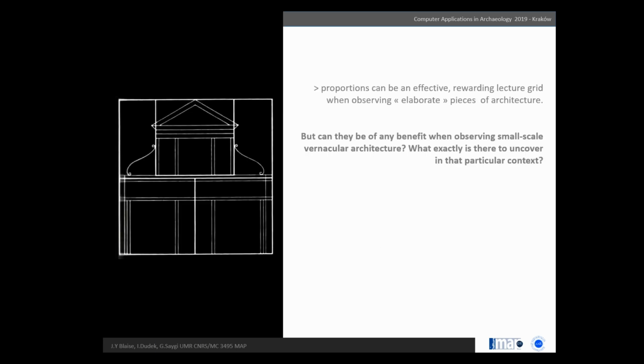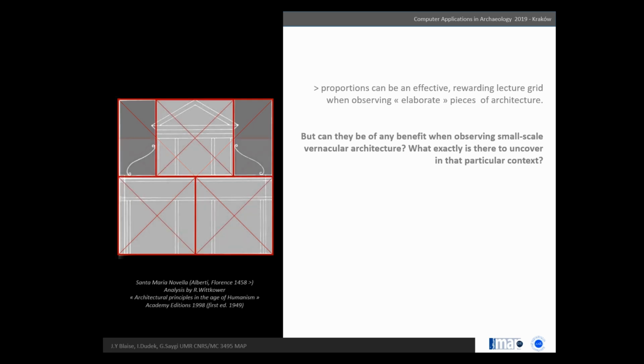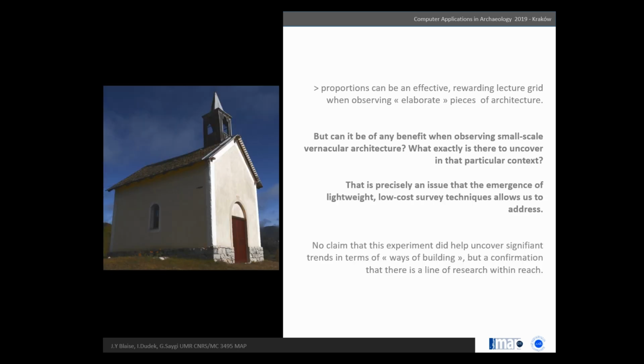Now, let's come to the experiment itself. What I've shown here is that proportions can be an effective, rewarding lecture grid when observing elaborate pieces of architecture. But can they be of any benefit when observing small-scale, vernacular architecture like this type of edifice? Well, from our point of view, that is precisely an issue that the emergence of low-cost, lightweight survey protocols allows us to address.